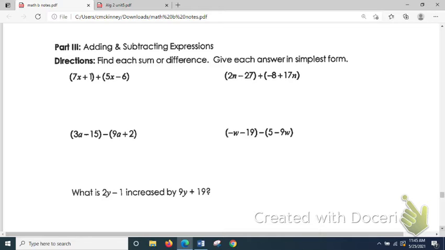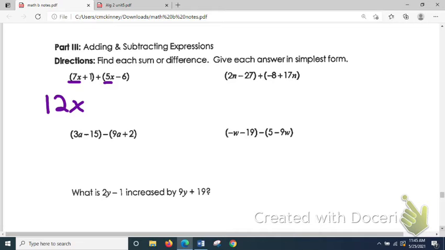Remember that when we're adding and subtracting, we are combining like terms. And so I can put together this 7x and the 5x. They are like terms, so that makes 12x.